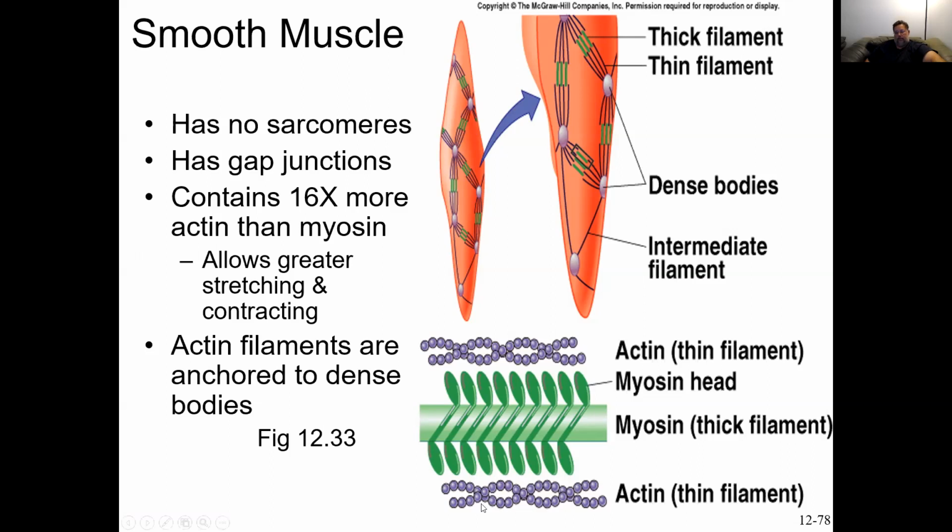Down here, you can see the zoomed picture. If you look at my cursor, you can see the actin filaments. We also call them the thin filaments. The green in this picture represents the myosin, and down here we see the myosin heads and the thick filaments. Then we have the dense bodies that hold the actin, but instead of being linear, it's going in different directions.